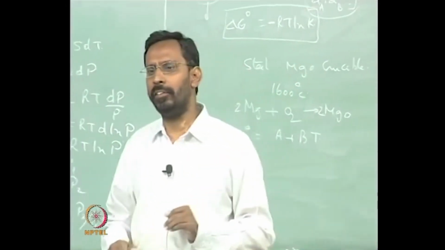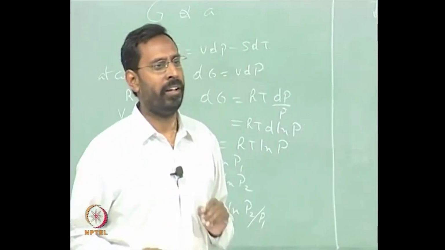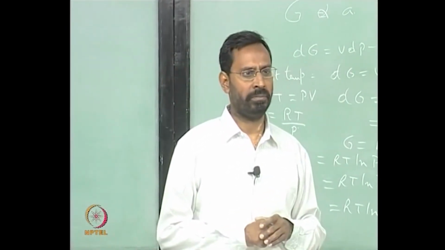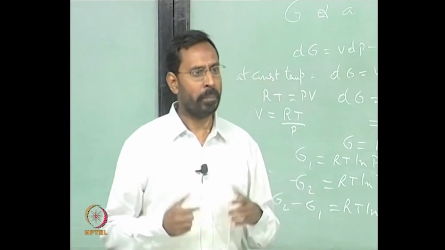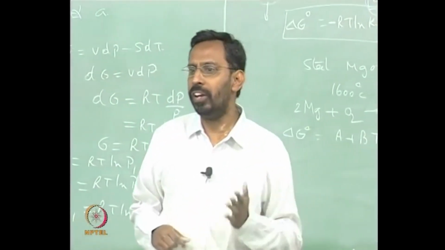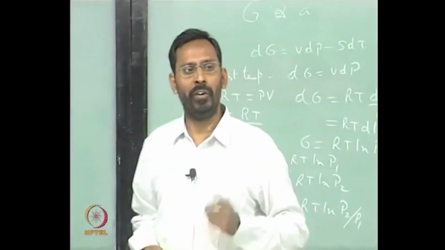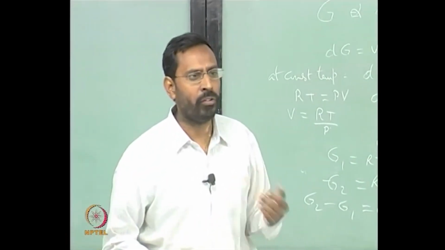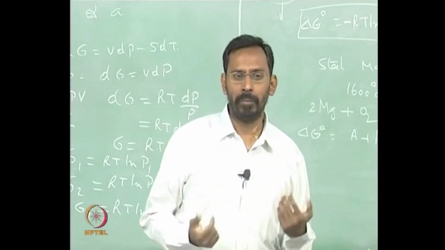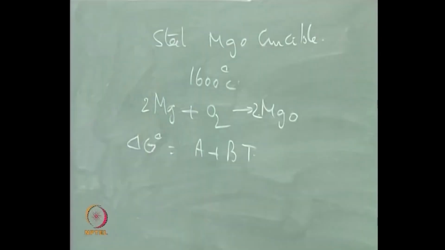Look, particularly the thing that is easily measurable for any reaction is the enthalpy change, because that is something you can measure using a calorimeter. So, measure the enthalpy change at various temperatures for a reaction, and keep the pressure constant, because we are all talking of delta G naught there at atmospheric pressure.